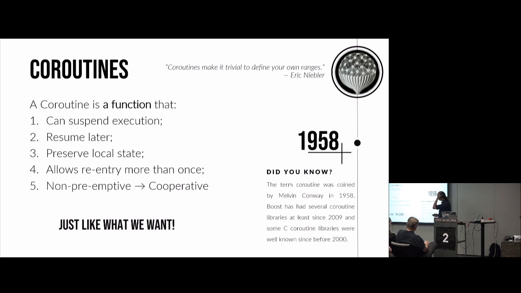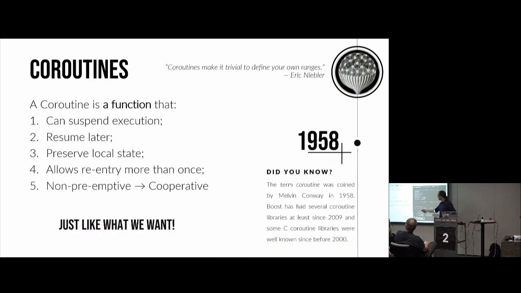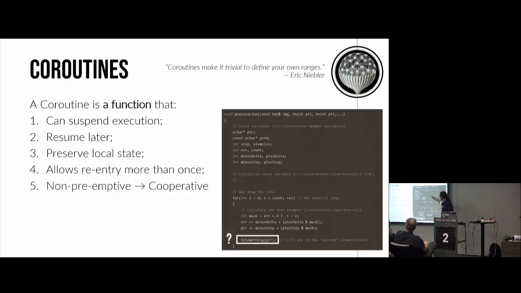And if we think about a function that can suspend execution in mid-operation, return some value to the caller, and then whenever the caller requests, can resume execution, this is very similar to what we were trying to do. If we look at the process line function that we just wrote before, here on the left, the nice thing about it is that we have this centralized logic, very serial algorithmic code.